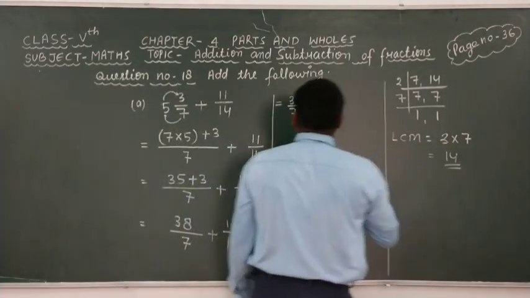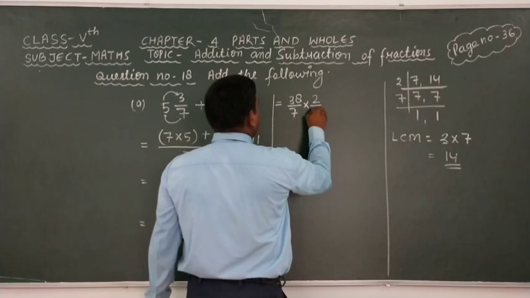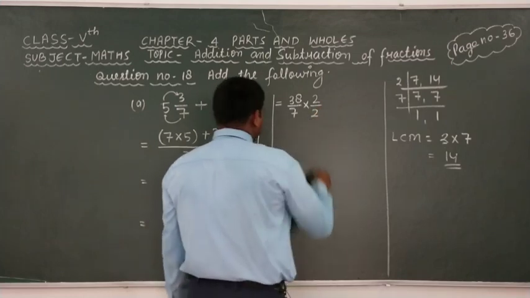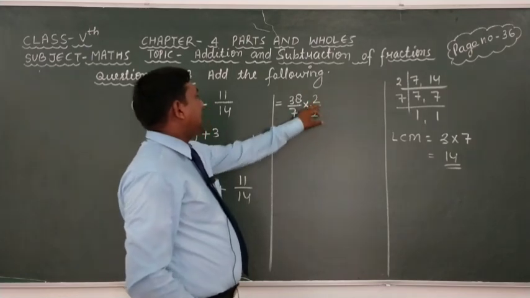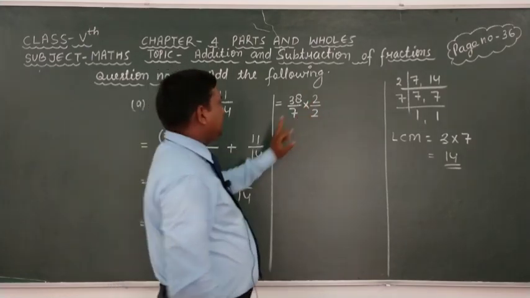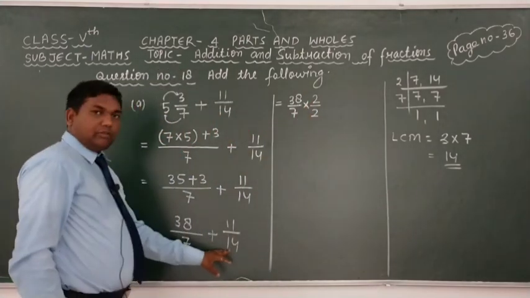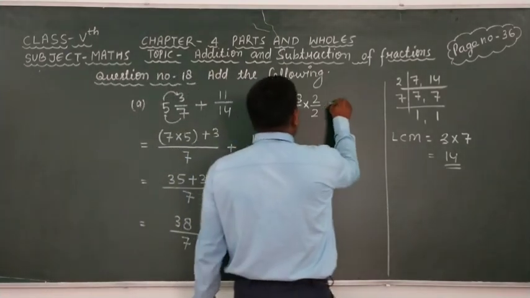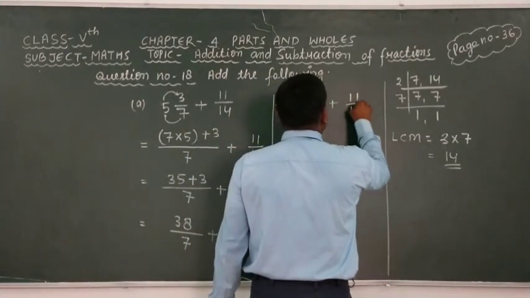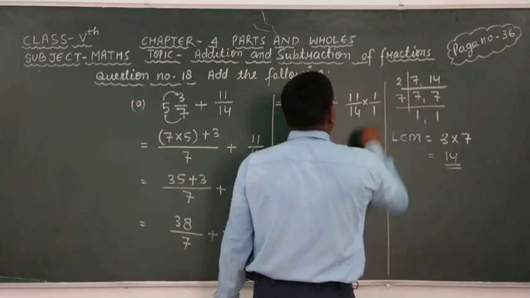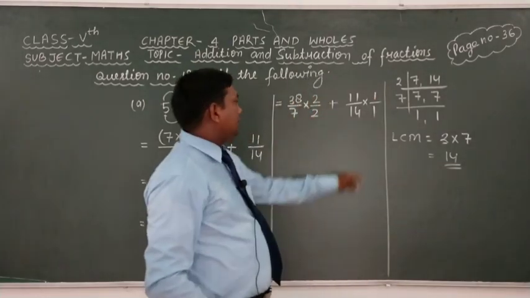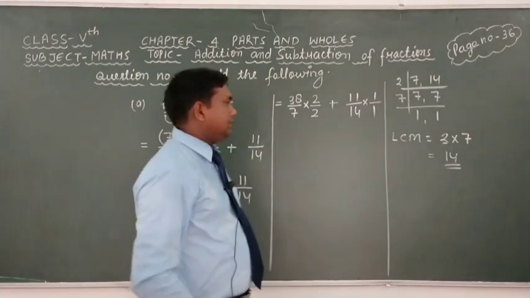If we take the multiplication by 2 in numerator and denominator, then we get the same denominator for the given fraction. Here given 14, therefore we take the multiplication by 1 in numerator and denominator.